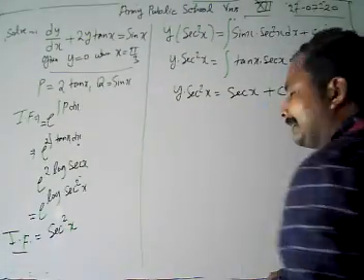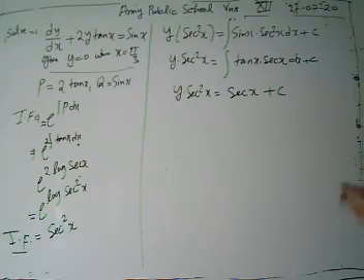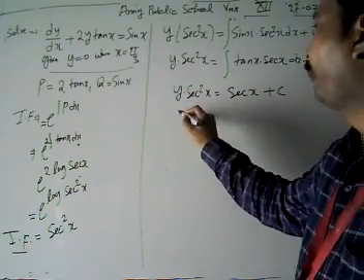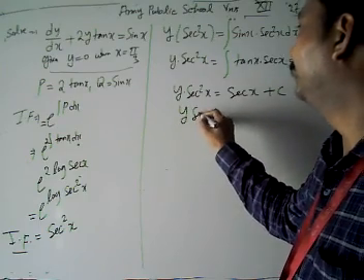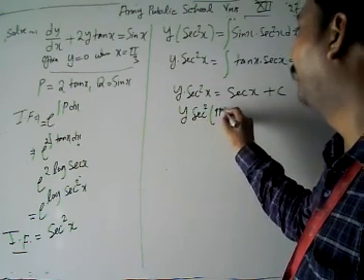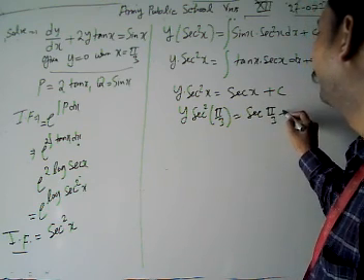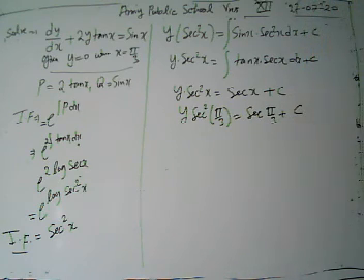It asks for the particular solution. Then we have to put the value of x and y here. So y sec square x at pi by 3 equals sec pi by 3 plus c. Now pi by 3 means 60 degrees.